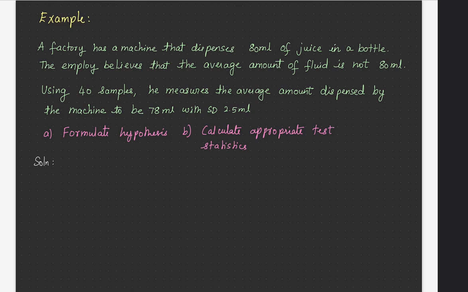The null hypothesis is mu equals 80 ml, and for the alternate hypothesis, if it is greater than 80 ml, it's not a problem to the consumers, right? We consider the alternate hypothesis as less than 80 ml. If it is less than 80 ml, then there's a problem. If it is greater than 80 ml, not a problem. Therefore, this comes under one-sided, not two-sided.